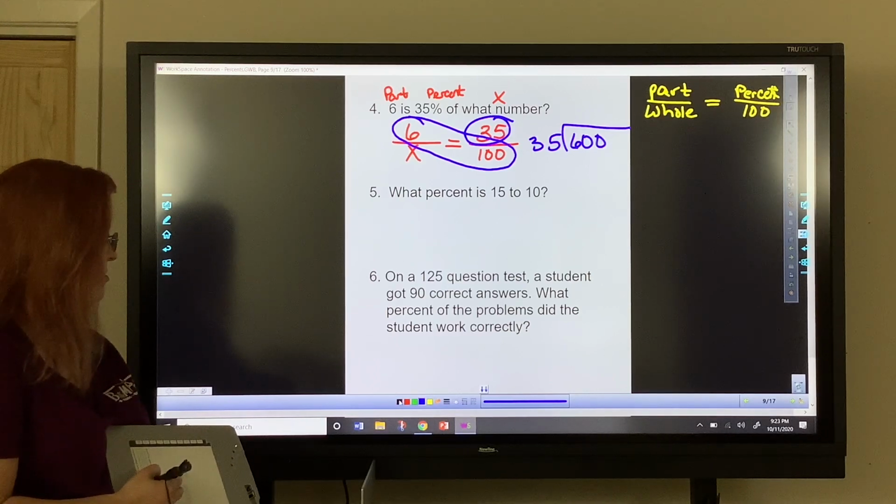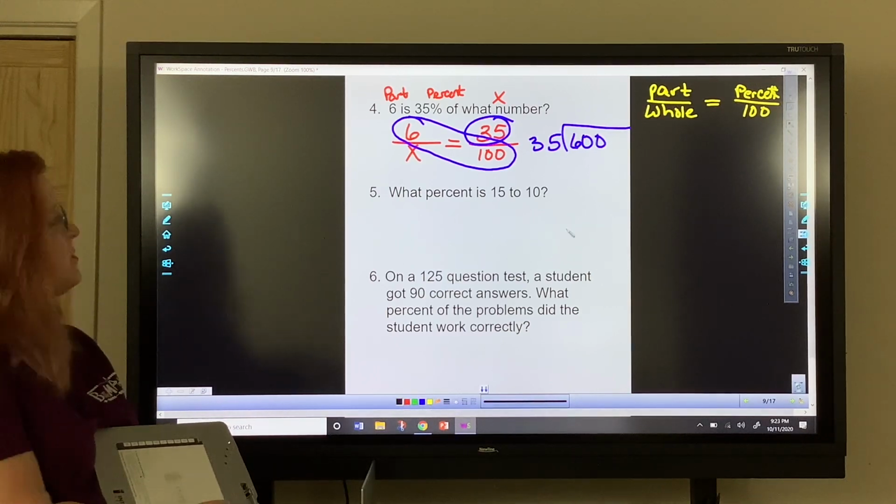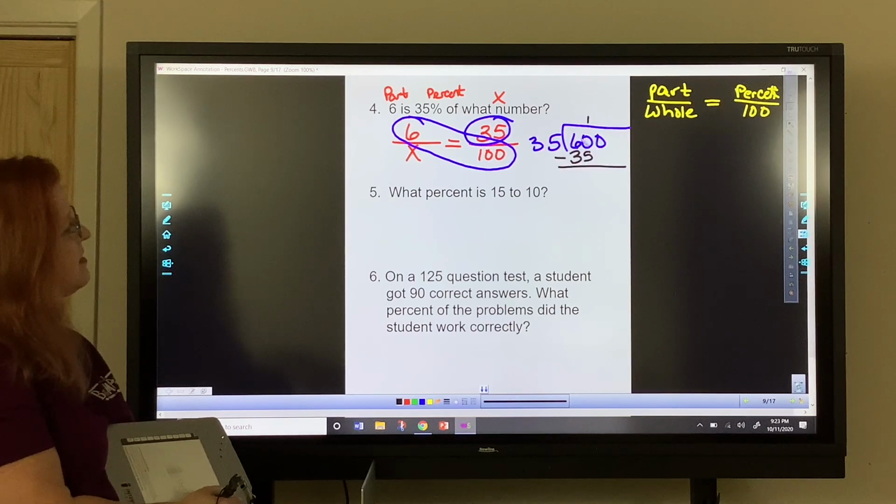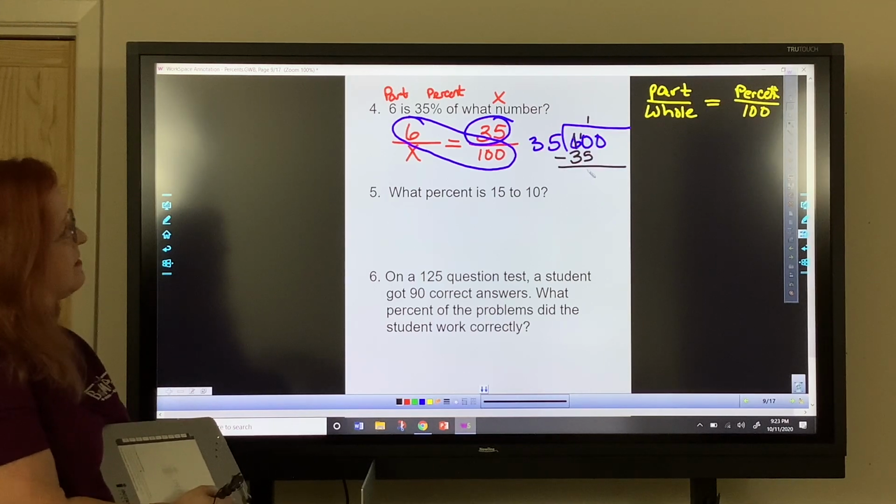Okay, so I didn't realize I made this one a challenging one, but we'll do it. All right, 35 into 60 is 1 time. Subtract. Bring down the 0.